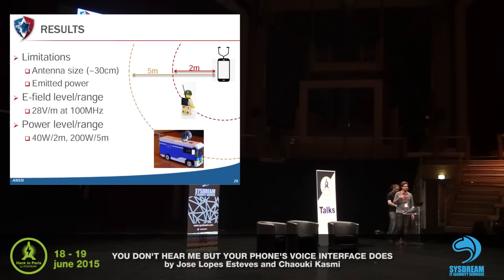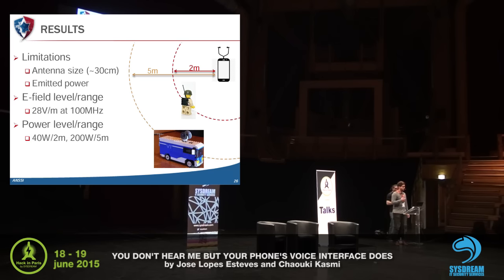Concerning the limitations of this kind of attack, we characterized the limits of these scenarios. The antenna size is quite huge because we are in the very high frequency band, and you need to generate a large amount of power. We have seen that for generating 28 volts per meter at 100 megahertz, at 1 meter you need 28 volts per meter from the source.